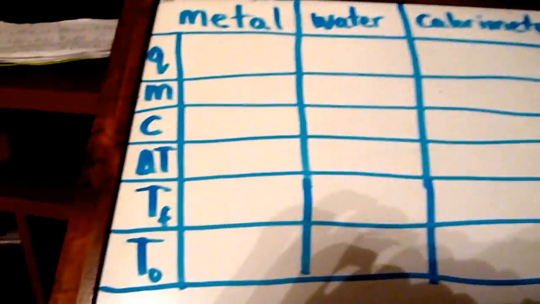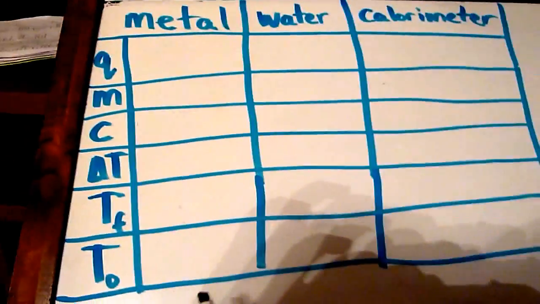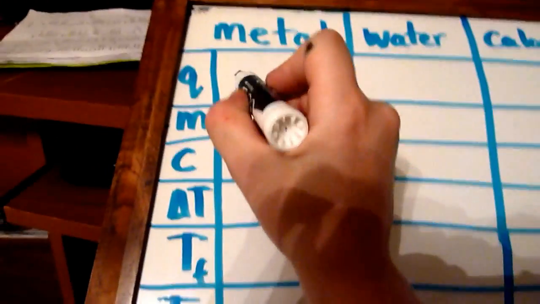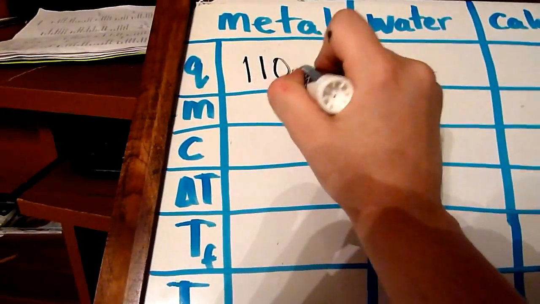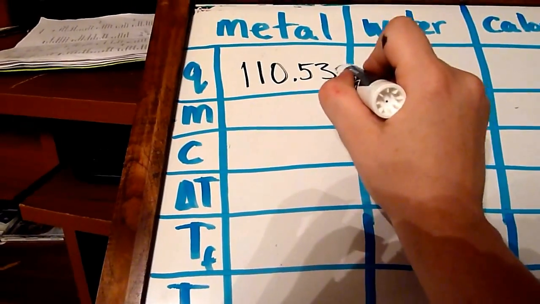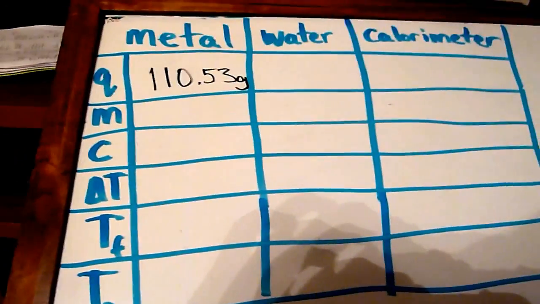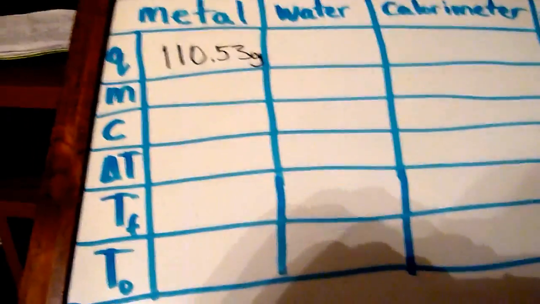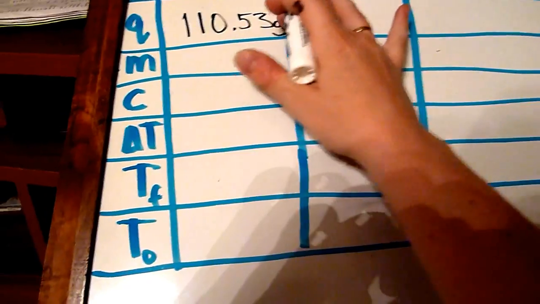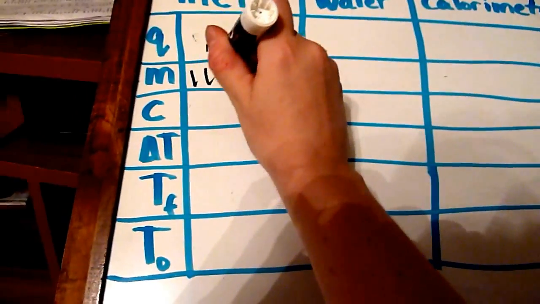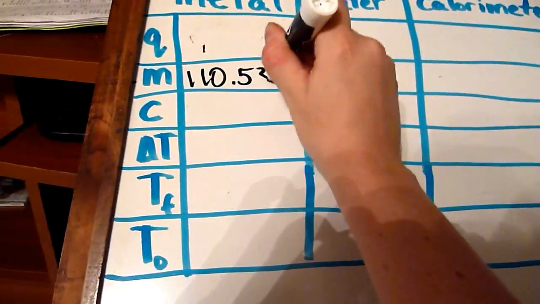Okay, so if we read through our problem, we would see that it gave us the mass of the zinc, 110.53 grams. Keeping your units, like grams, is very important. Always keep them in the problem. Oh man, and of course I put that in the wrong column. 110.53 grams.